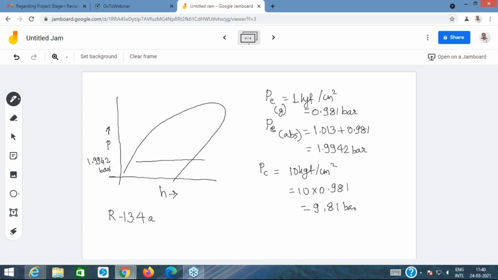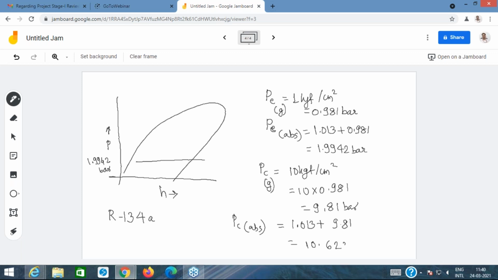This is the gauge pressure, and we need to convert it into absolute pressure by adding the atmospheric pressure. The value I have is 10.623 bar. You can convince yourselves by doing these calculations on your own.